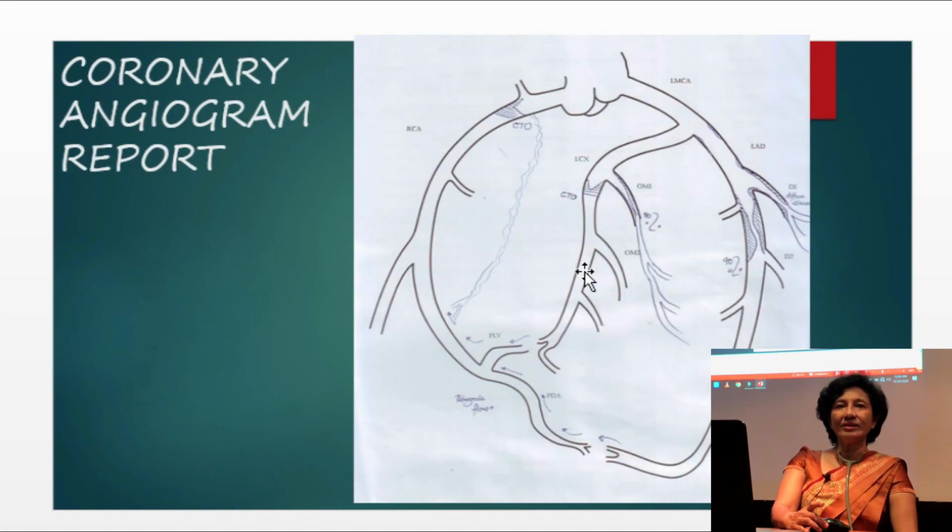In a given patient with ischemic heart disease, there are often multiple atheromatous plaques. But in 80% of patients with ischemic heart disease, a single atheromatous plaque becomes unstable. That's the theory.